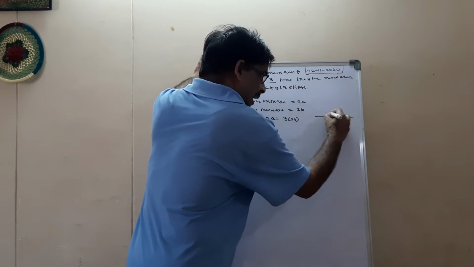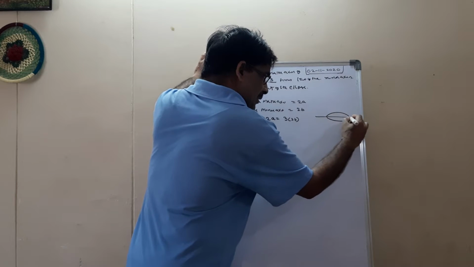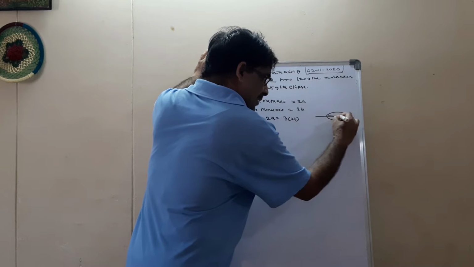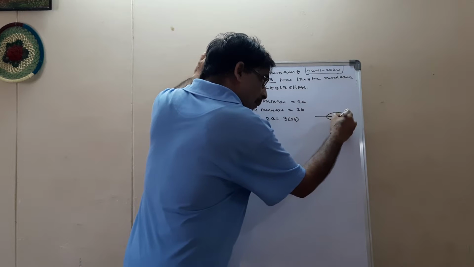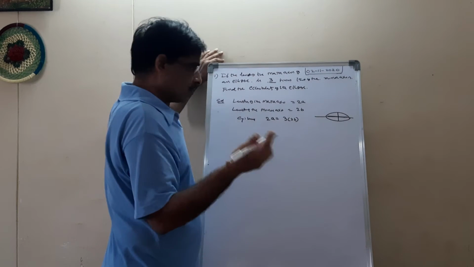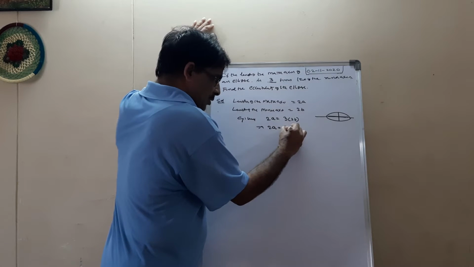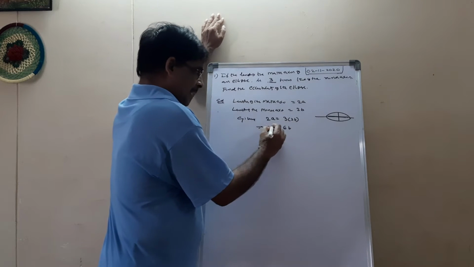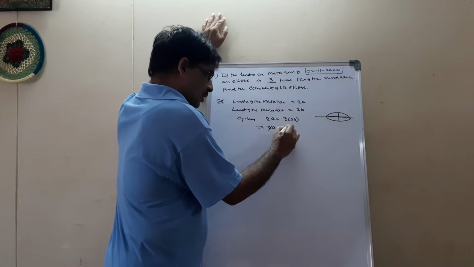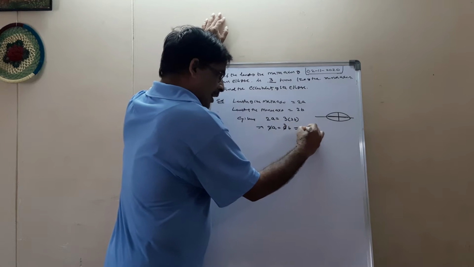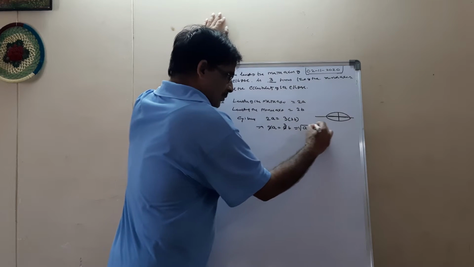The major axis is 3 times the minor axis. Then 2a equal to 6b. It goes to a equal to 3b.